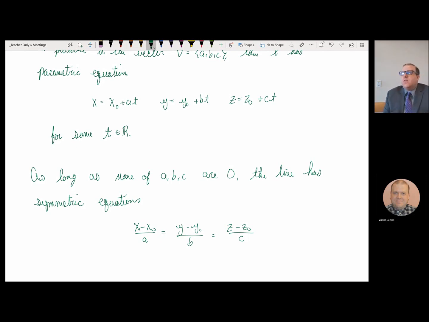We just solve each of the parametric equations for t. Obviously, that t has to be the same, so all of those would be equal. Those are your symmetric equations.